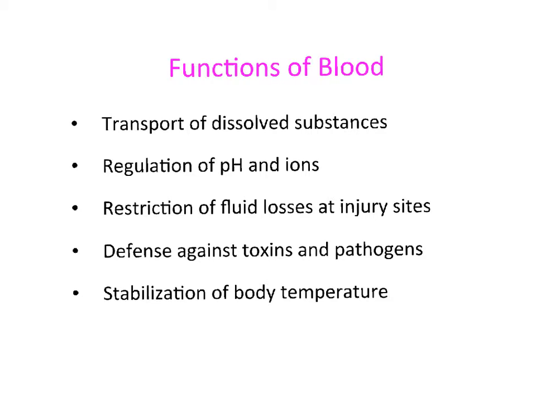type of organization. When we look at your blood, you have 5 key functions that are occurring with the liquid portion of your blood. First up is to transport dissolved substances.